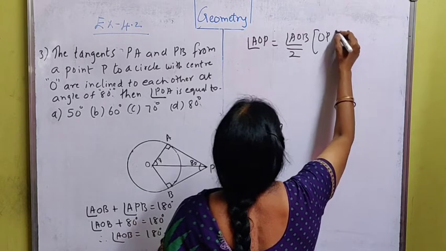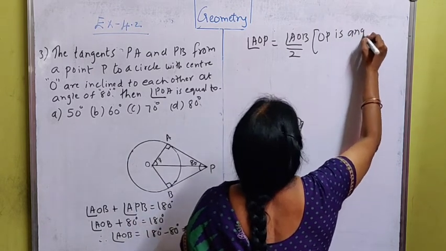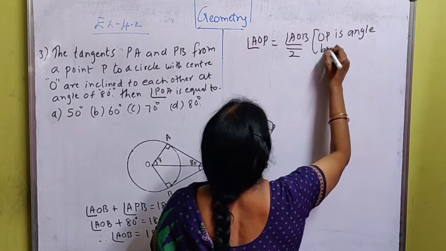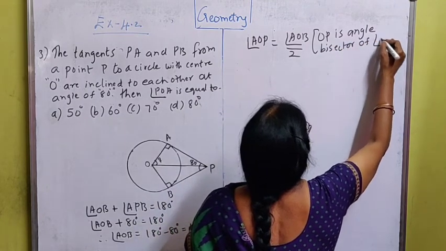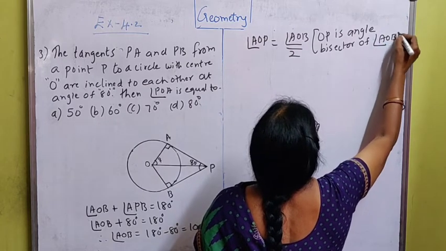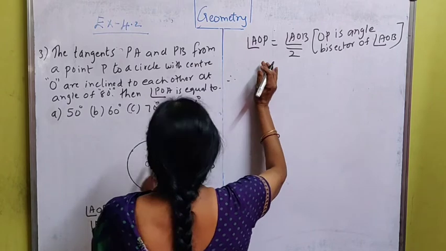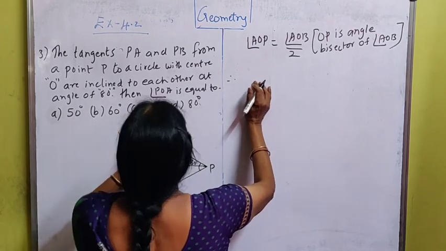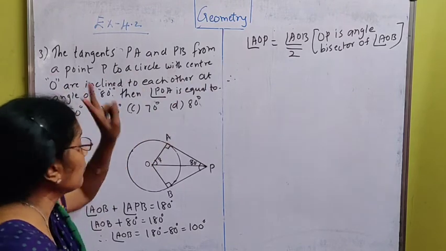Reason: OP is the angle bisector of angle AOB. So therefore angle AOP, or what he has asked, angle POA, is one and the same.